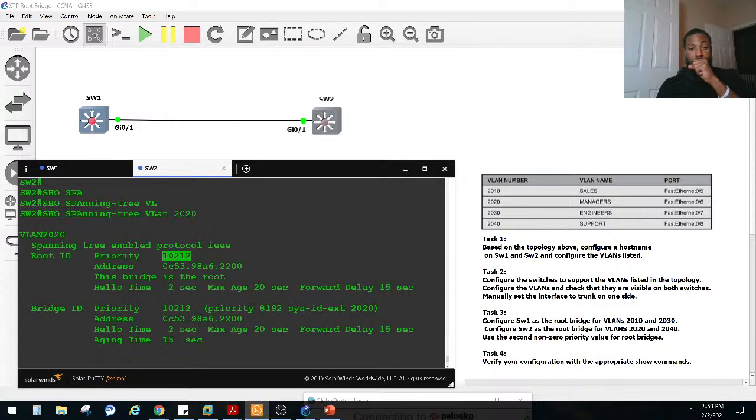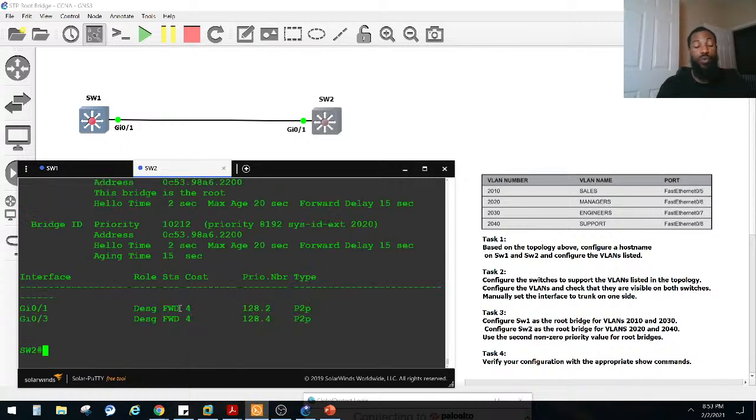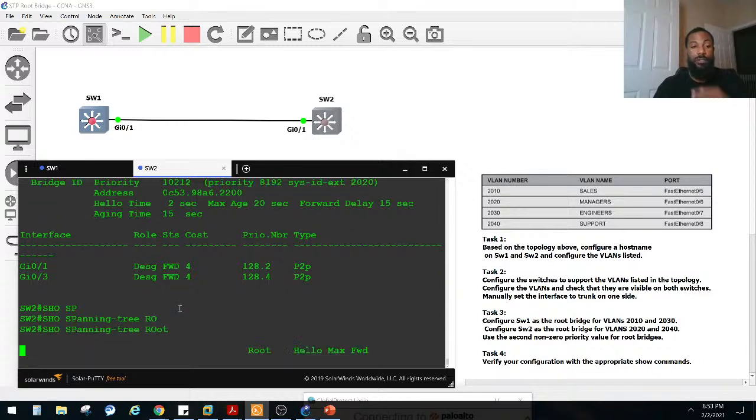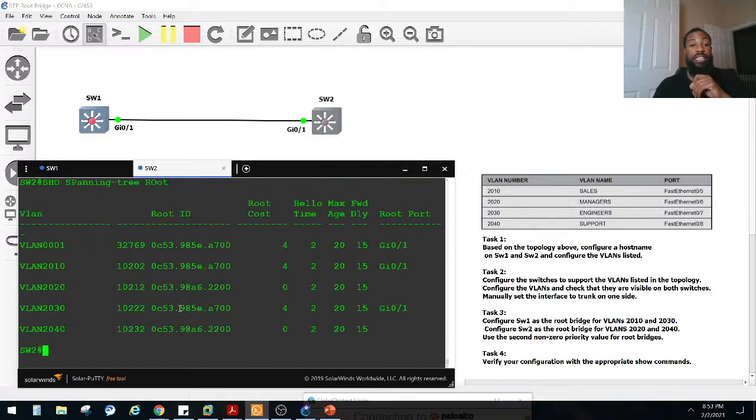We can just do show span root, right? And that'll give us priorities too. Show span root. No, it doesn't give it. Yes, it does give the priority. So now we are the root bridge for 2020 and 2040.